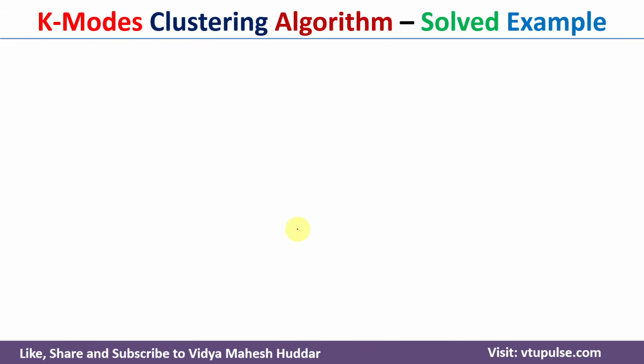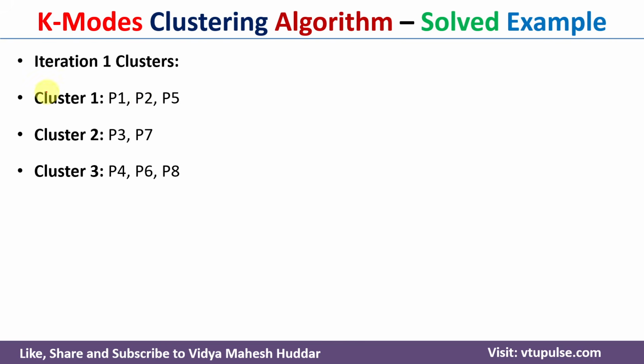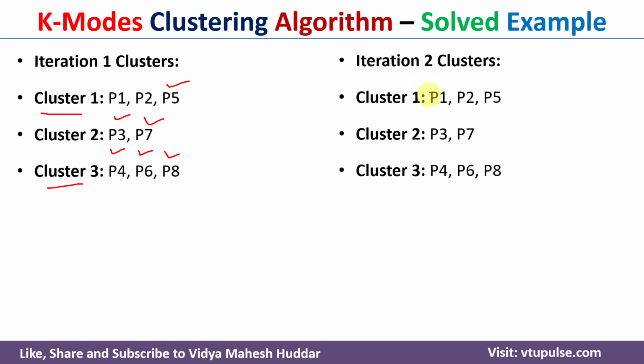Once you assign the clusters, you can observe that from the first iteration, in cluster 1 we get P1, P2 and P5 as the persons, cluster 2 containing P3 and P7, and cluster 3 containing P4, P6 and P8. From the second iteration, in cluster 1 we get P1, P2 and P5, cluster 2 containing P3 and P7, and cluster 3 containing P4, P6 and P8.